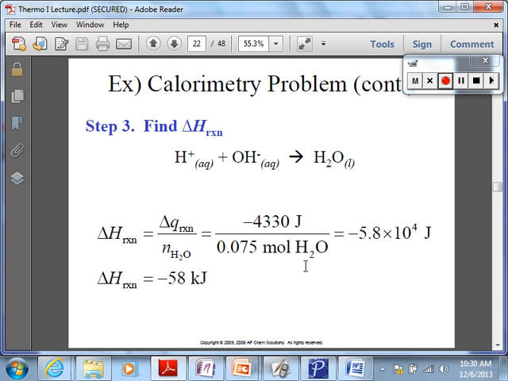And notice they just went back 3 places, so to change it to kilojoules, move it back 3 places, so then they just rounded. Negative 58 kilojoules per mole, right? I think they're missing the per mole part, because you got moles on the bottom. So kilojoules per mole.